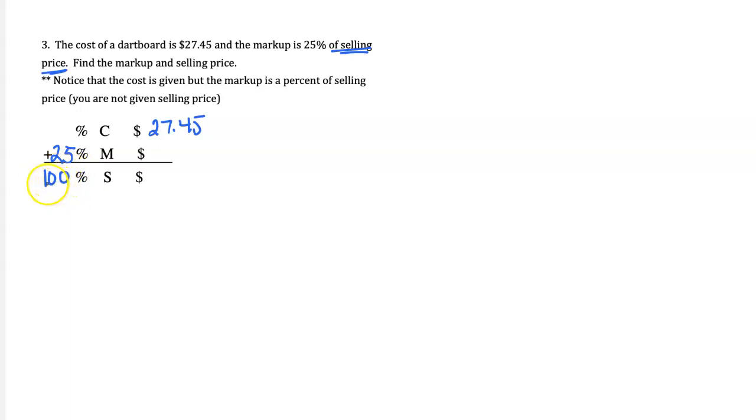Let me go ahead and go backwards and fill in that blank percentage that we don't know. Working backwards, we would take 100% minus the 25% to get the 75% that's missing. And then this completed row is where I'm going to write my equation.